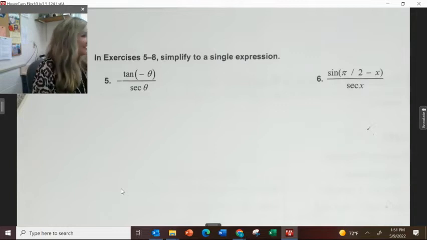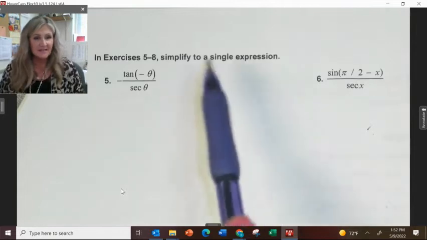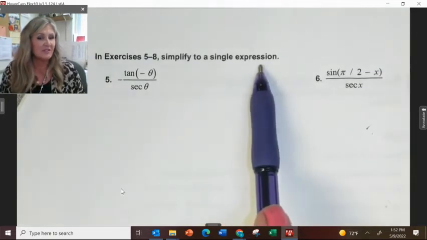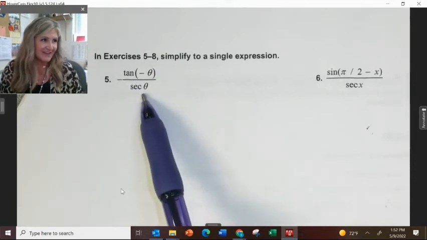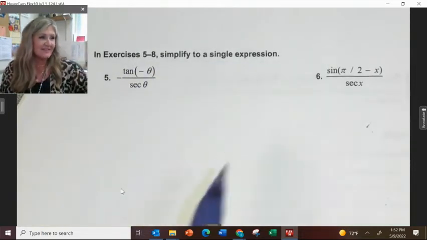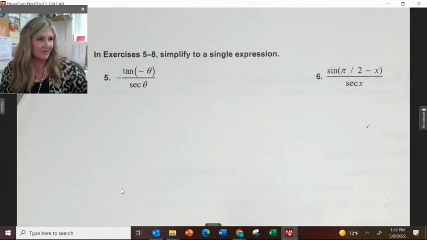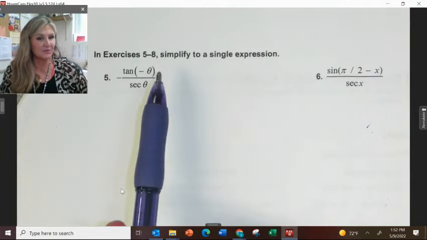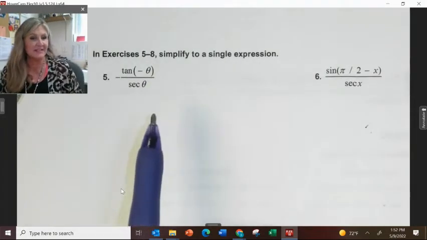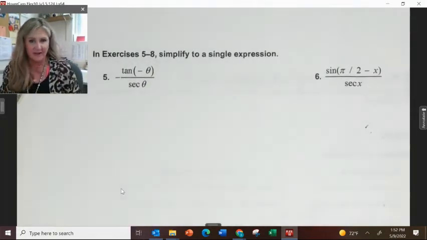You know what the answer is. You're just trying to prove that that is the answer. When it says this, though, simplify to a single expression, now you don't know what the answer is. And you've just got to get it down to one single trig value. Okay? It seems difficult, but it's really not, because these are typically just easier problems anyway.